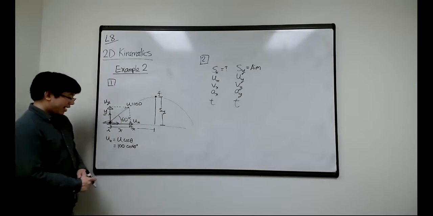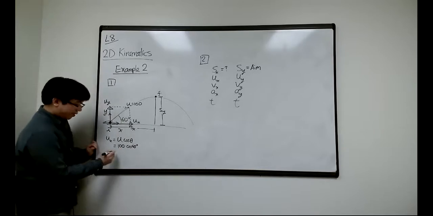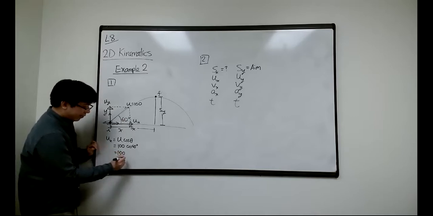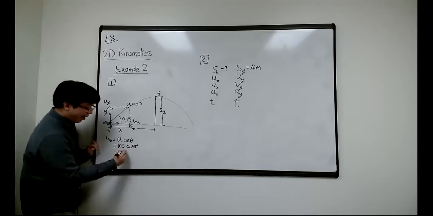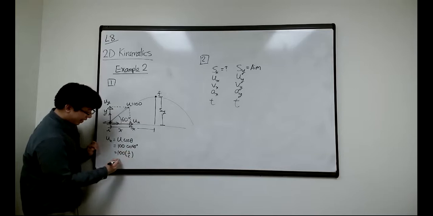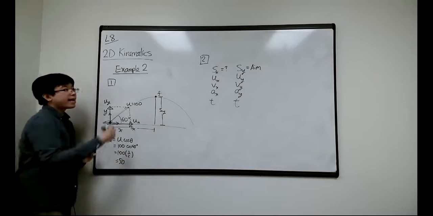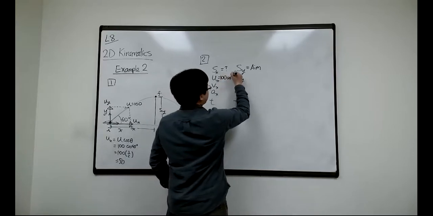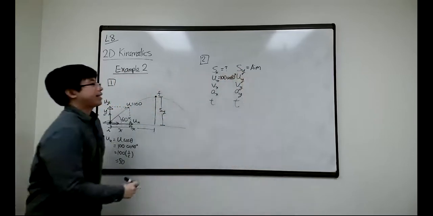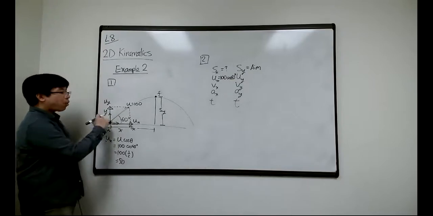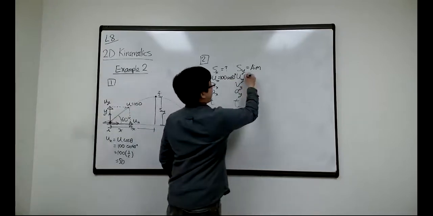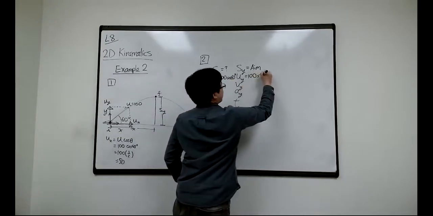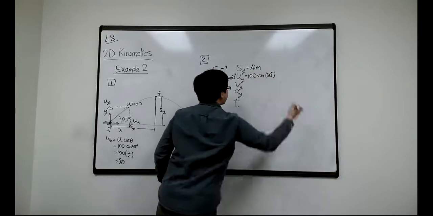Okay, and I also know that cosine 60 degrees is 1/2, so I can technically just put that on there, but just for completeness, maybe I'll put 100 cosine 60 like this, so we know where things come from. Okay, and UY, if one of them is cosine, the other one is going to be sine, so it's going to be 100 sine 60 degrees like this.